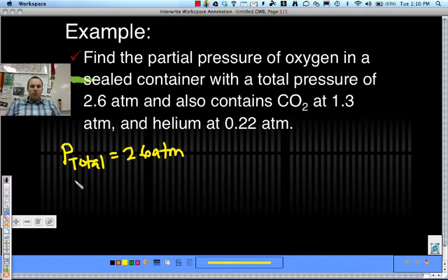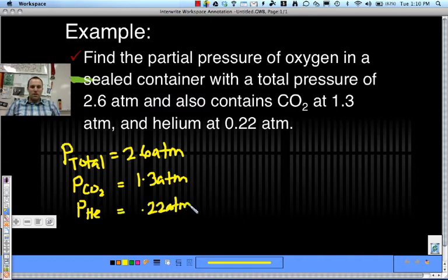The pressure of the CO2 is equal to 1.3 atmospheres, and the pressure of the helium is equal to 0.22 atmospheres, and we want to know what is the pressure of the oxygen gas in there.